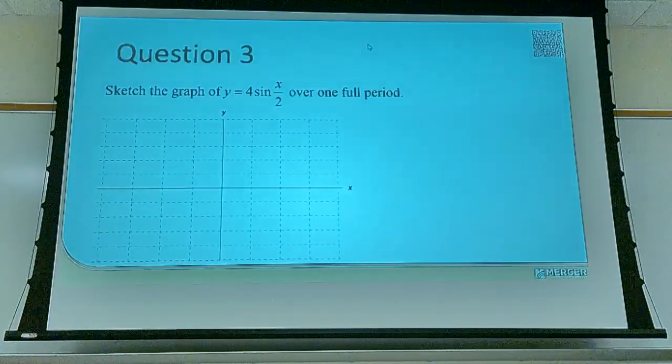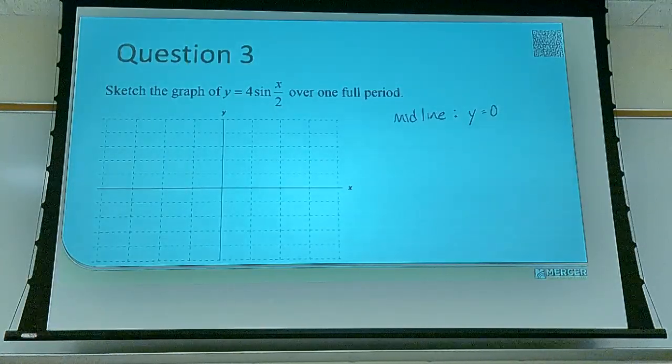Four times sine of x over 2. And so there's no movement along the y-axis.